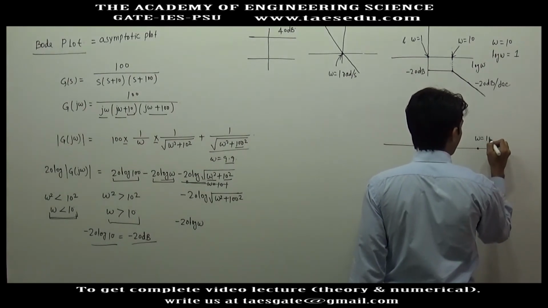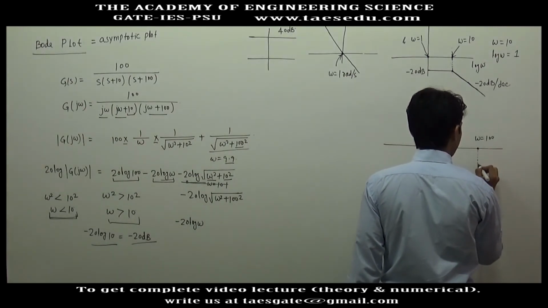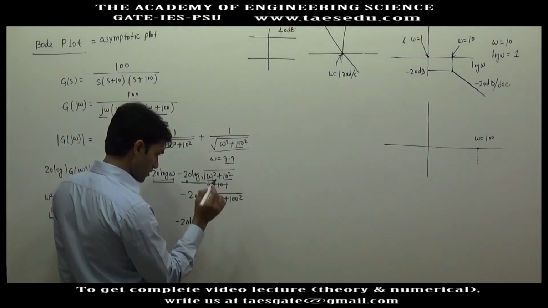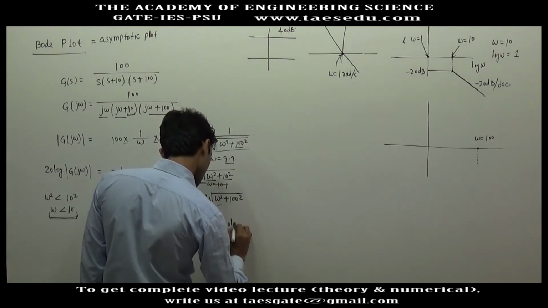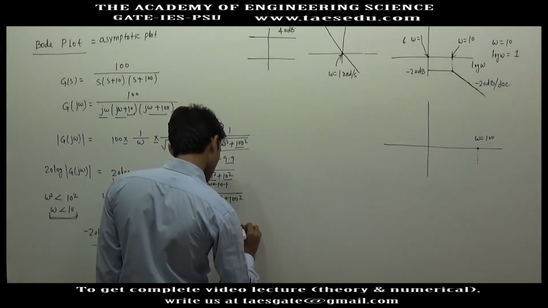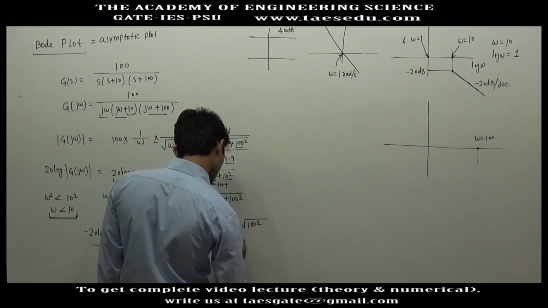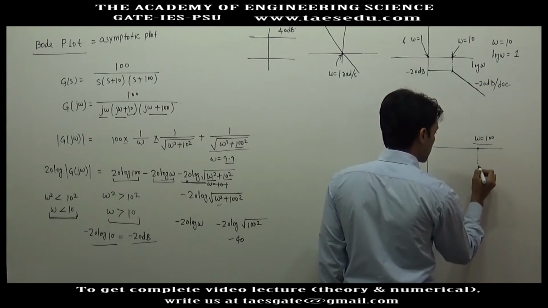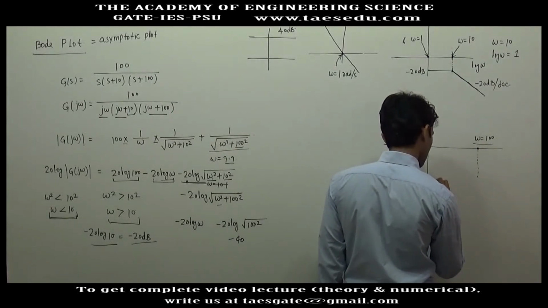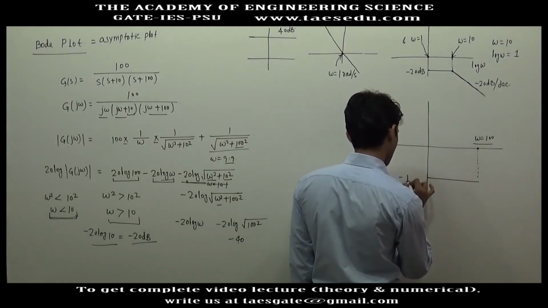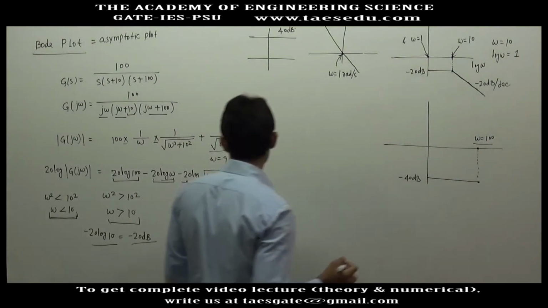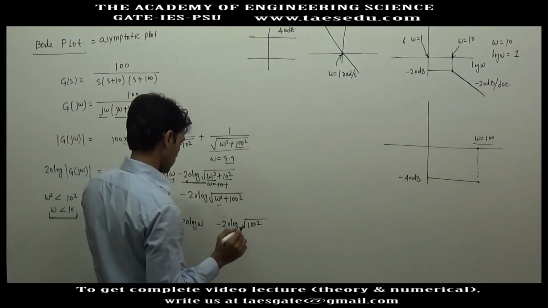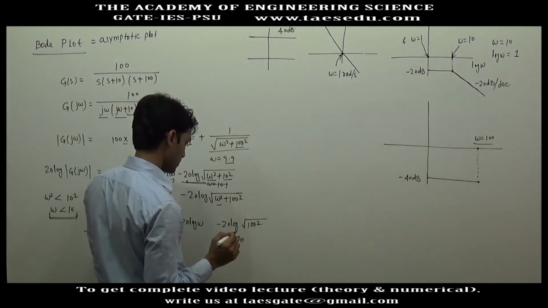Before this, when omega is less than 100, what will we get? Minus 20 log root under 100 square. This is nothing but minus 40 dB. So before 100, we will get a constant of minus 40 dB.